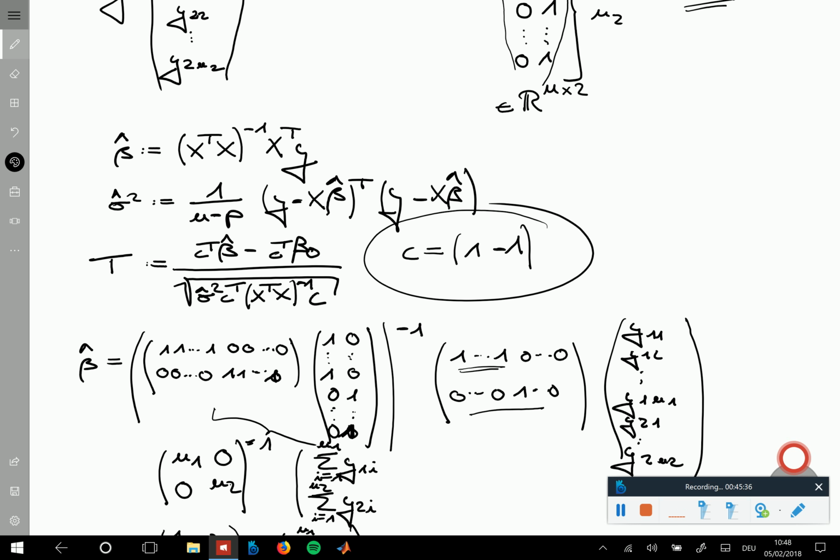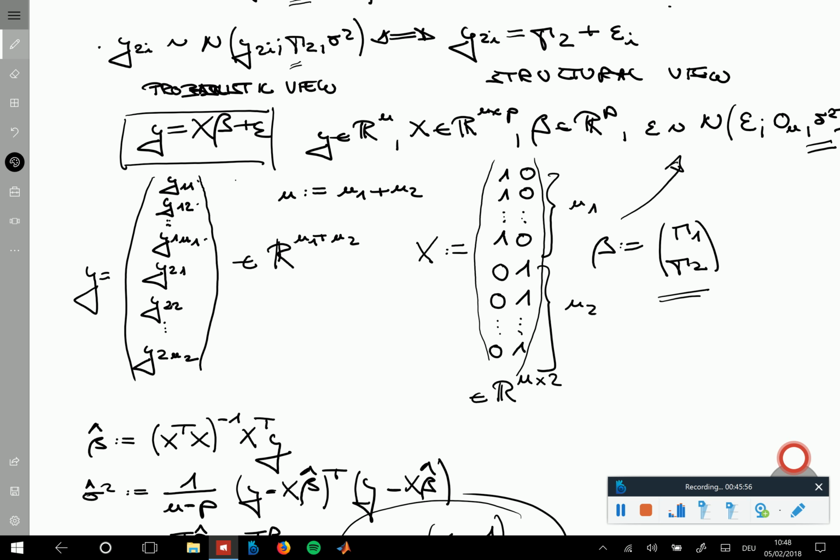No. Good. So what you should get from this is that behind these formulas that you learned for t-tests, or at least heard about for t-tests, there is a model, and this model is of course the GLM. That's not too surprising.